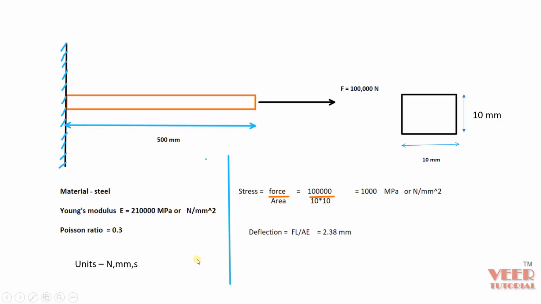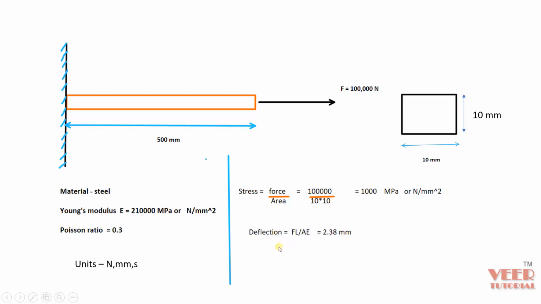Analytically, if we want to find the stress and deflection, stress is given by force divided by area. This is the value of force, and the area we can calculate by multiplying 10 and 10. The stress turns out to be 1000 megapascal, or Newton per mm square.